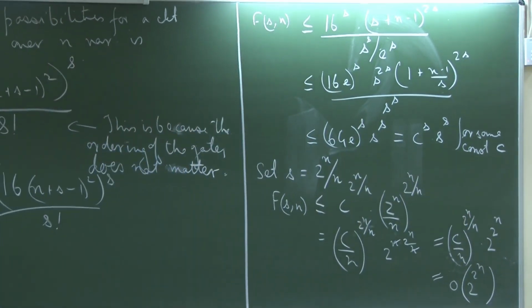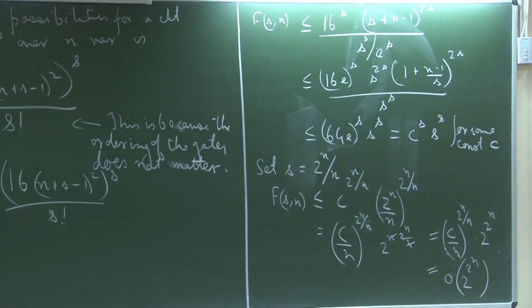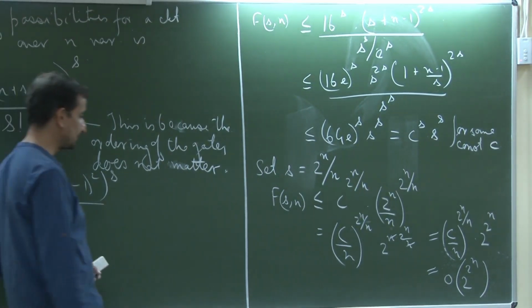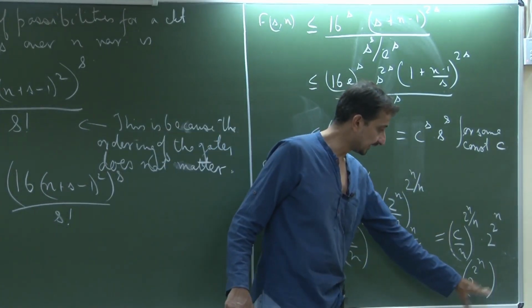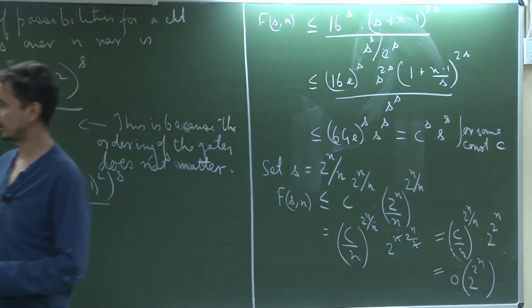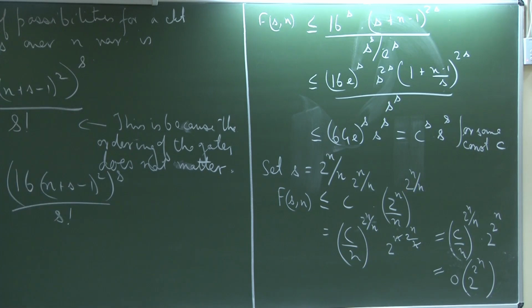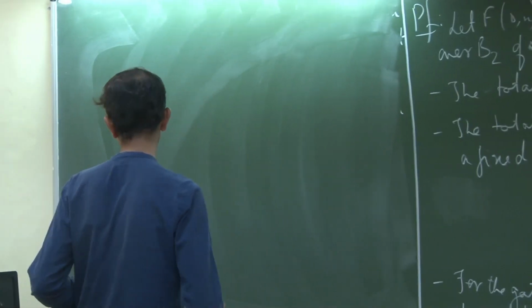So, what is small o notation? Again, for those of you who are not familiar, small o means that this quantity is asymptotically smaller than 2 to the power n. Okay. So, therefore, actually the proof is over now.